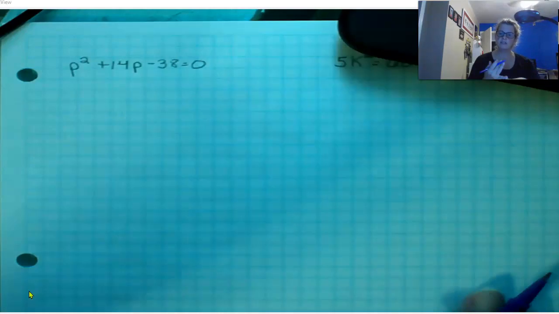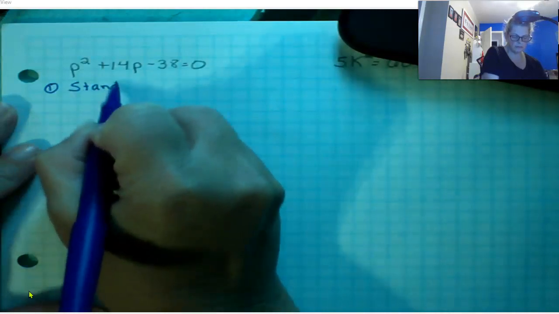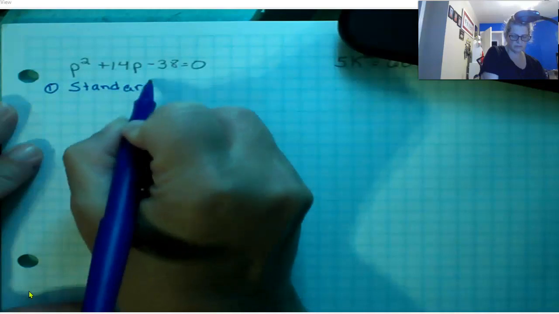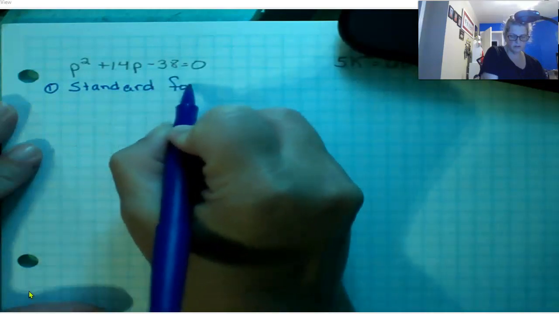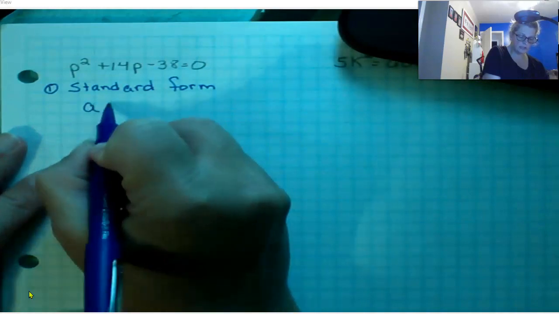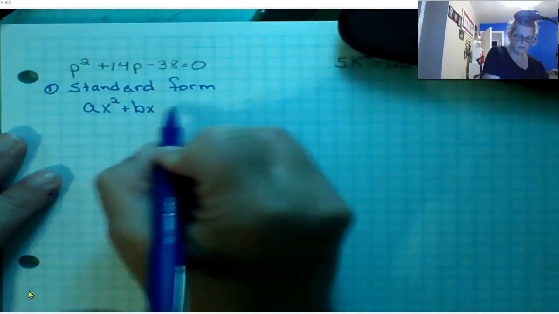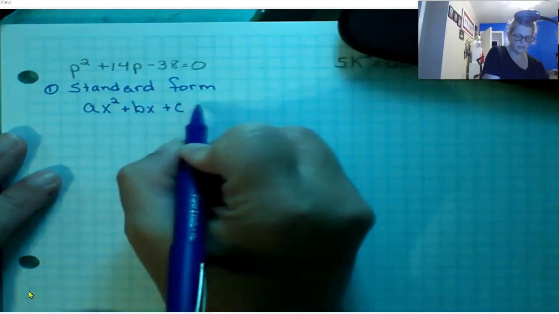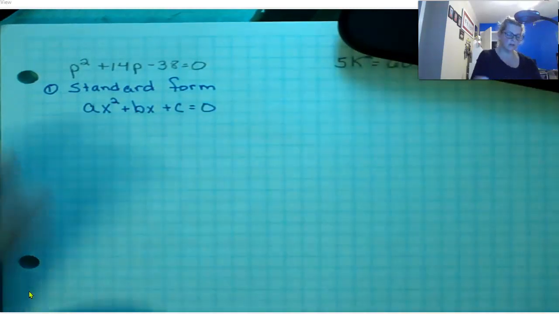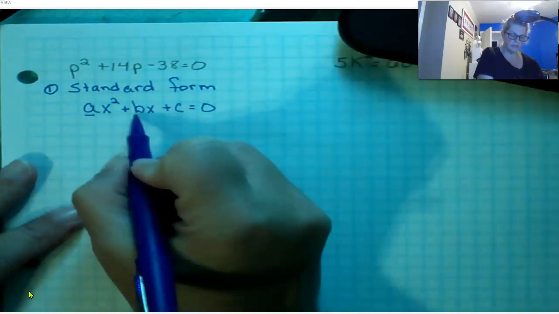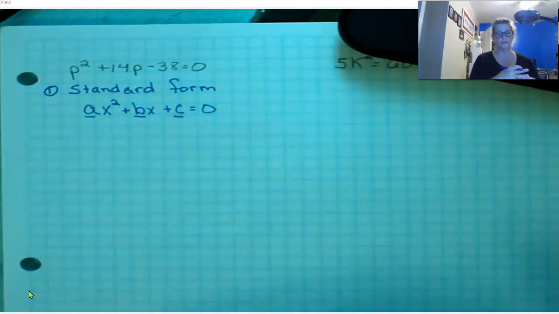And I want to talk about some of the key things that I told you. The first being that our equation has to be in standard form. Standard form is ax squared plus bx plus c equals 0, where a, b, and c are all numbers.